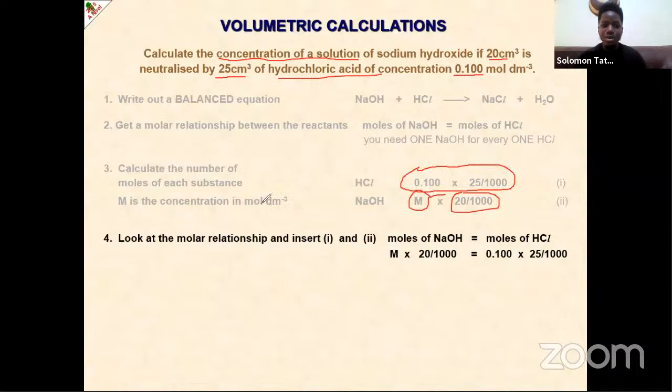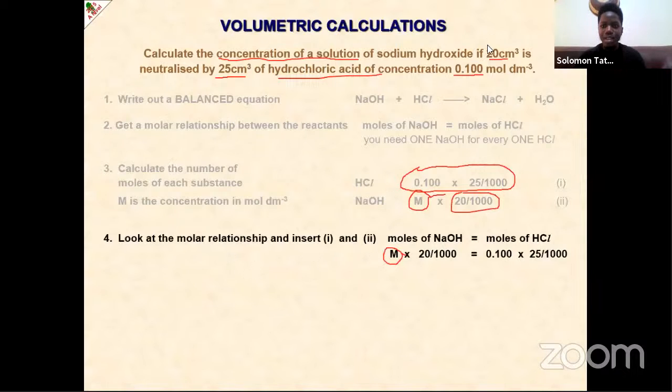We have also expressed the moles of sodium hydroxide as its unknown molarity times its volume, okay? But we know that from the mole ratio, this should be equivalent to this. Therefore, when you equate the two, you can solve for M, right? This is now mathematics.